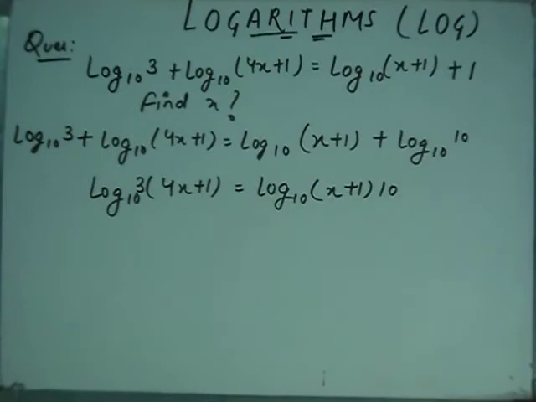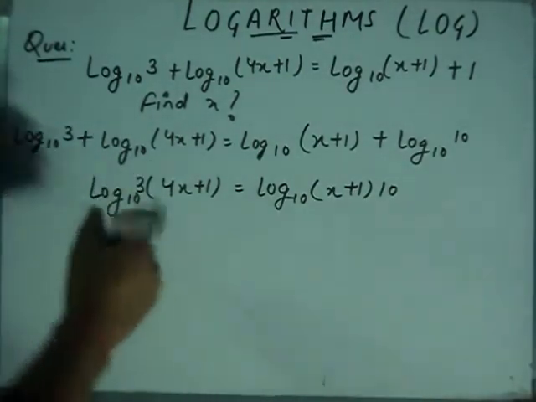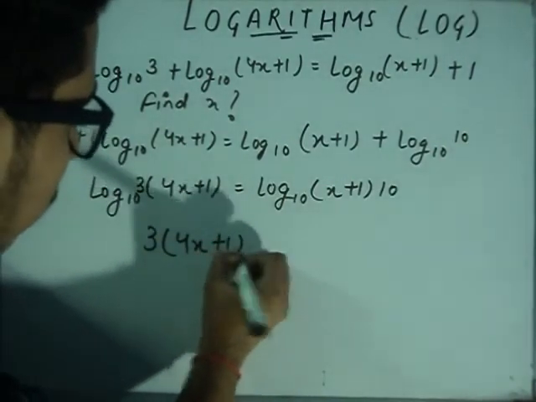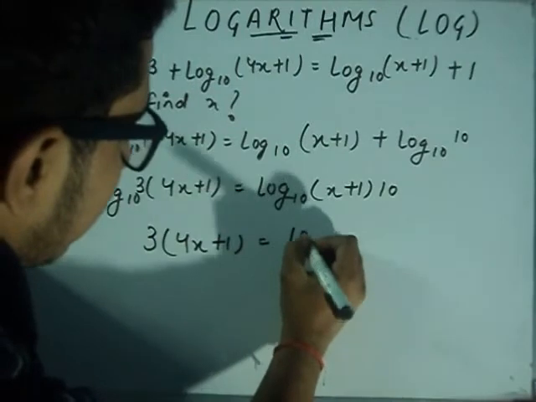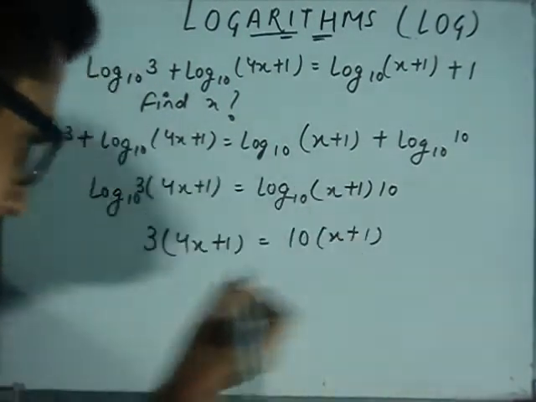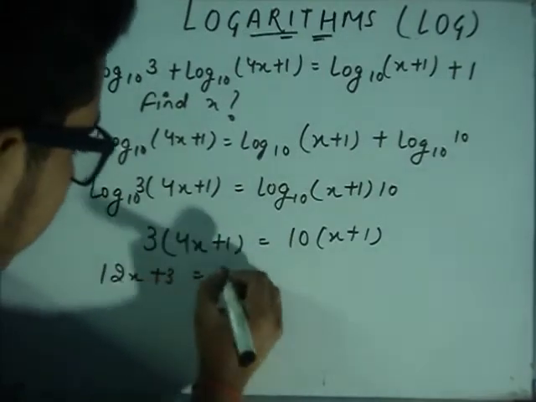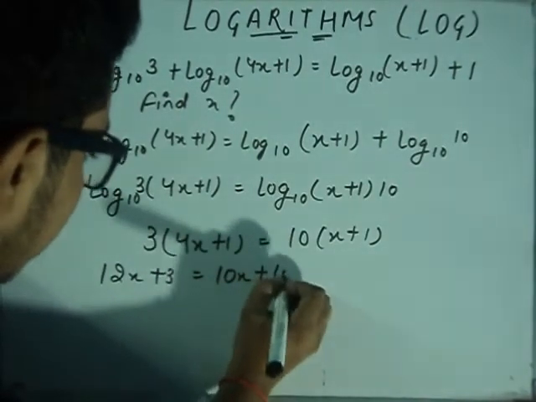This is my another property. So here we can conclude, like, 3 times (4x plus 1) equals 10 times (x plus 1). So what we get: 12x plus 3 is equal to 10x plus 10.